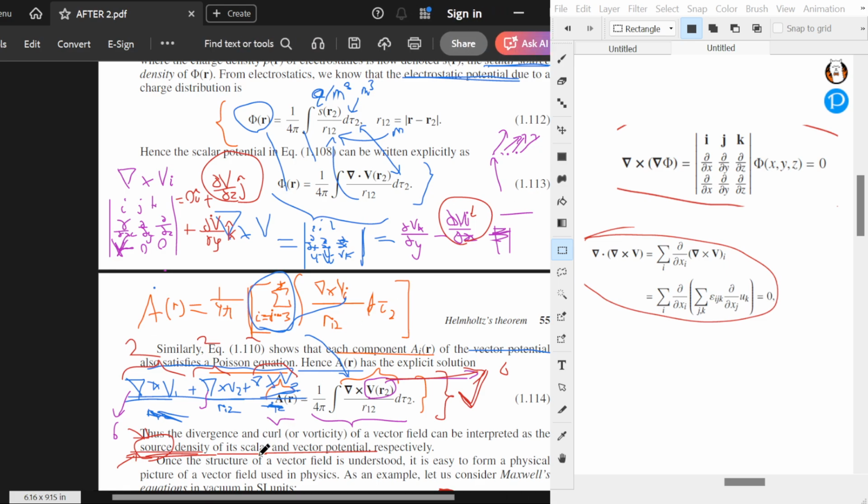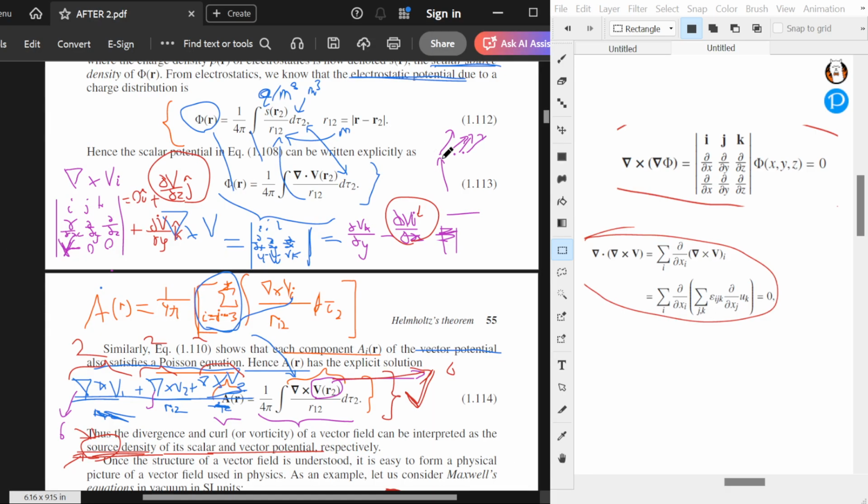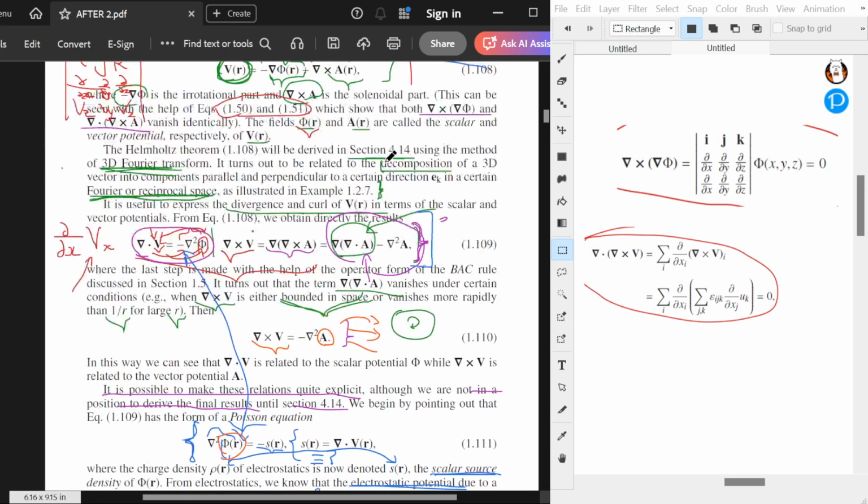This textbook goes into Fourier stuff. I don't know how closely that's related. Let me get all this sorted. This is the second chapter of this book.